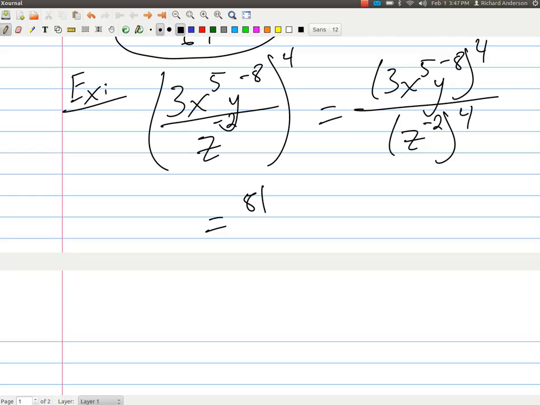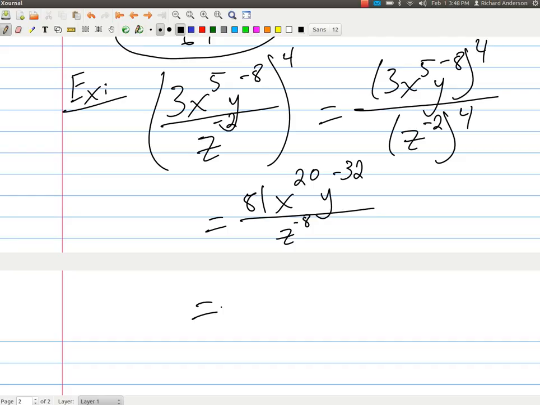Likewise, x to the 5th raised to the 4th power, remember that power rule, we multiply the exponents, x to the 20th power. Y to the negative 8th raised to the 4th, we'll get y to the negative 32 power. Same thing on bottom, we'll multiply our exponents together using the power rule, and it's going to be z to the negative 8th power.